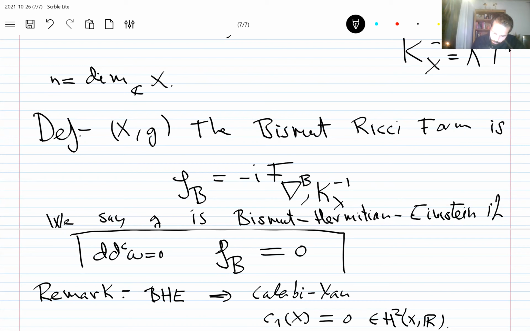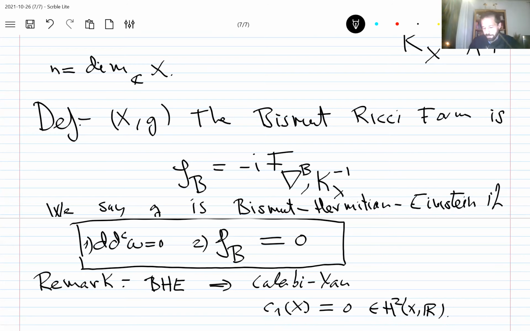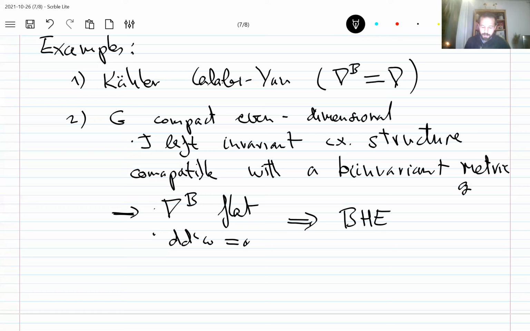So I impose both conditions, 1 and 2. So here, the 3-form d^c omega is, up to a factor, the natural Cartan 3-form in the group.